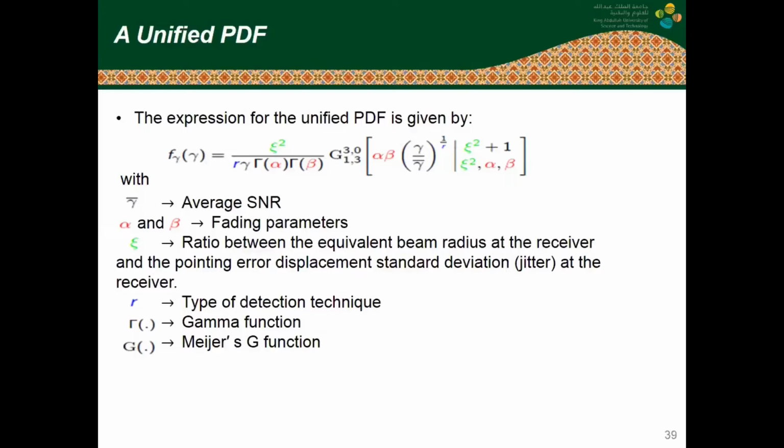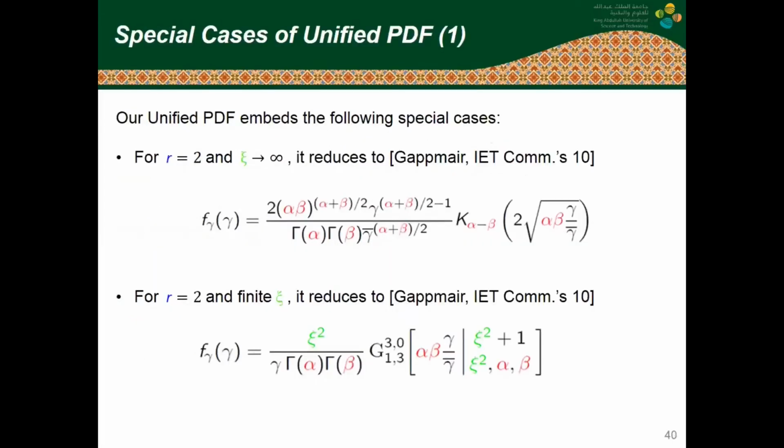Now, once you have this end-to-end SNR of an FSO link operating over a turbulent channel and subject to some pointing error, you can, as a special case, deduce all well-known distributions of SNR. So if you set r equal to 2, this is the coherent case, and Xi goes to infinity, no pointing errors, you get this well-known gamma-gamma expression. When Xi is finite, you have a certain level of pointing errors, you get again this expression.